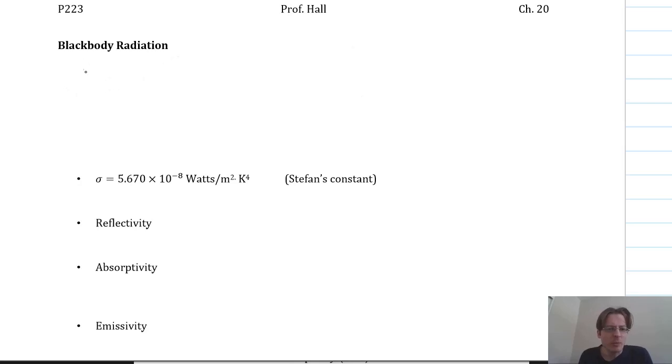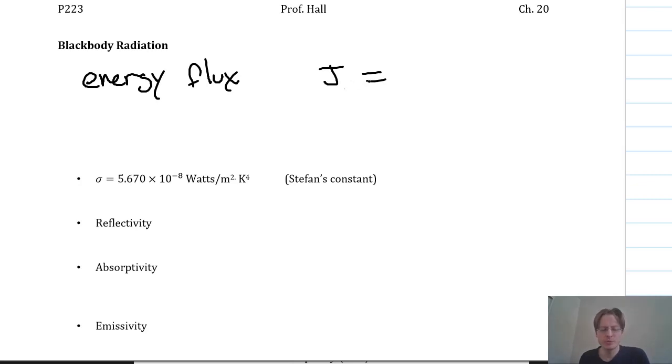So let's put that down. The energy flux, meaning the amount of energy that flows out of an object at a certain temperature, I'm going to call it J. I'll say specifically what it means, like what its units are, in a second.